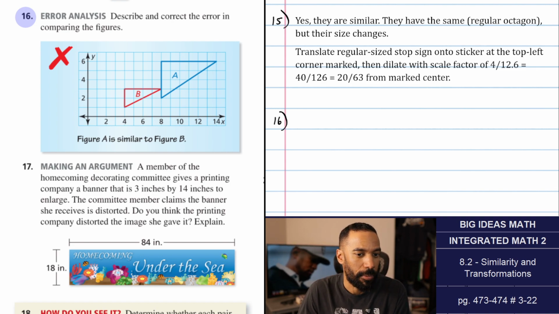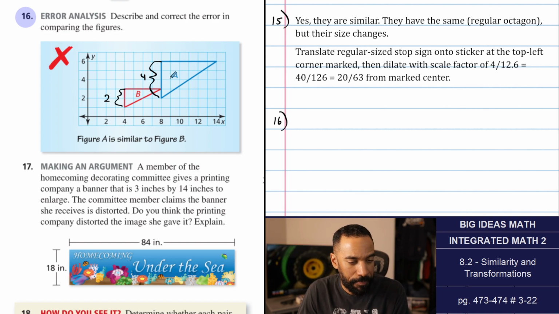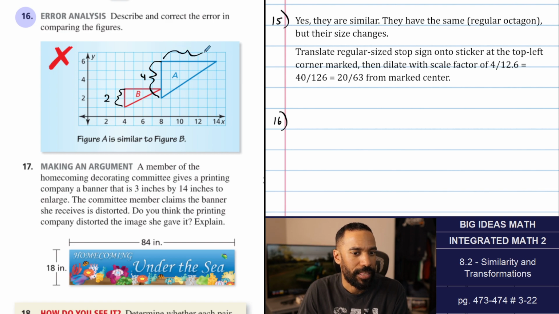Let's see if we can determine something that breaks it. Let's start by looking at lengths. That's a length of 4, that's a length of 2. So for all intents and purposes, this would have a scale factor from A to B of 1/2 if everything else falls in line. This distance here, however, is 6, and this distance here is 4.